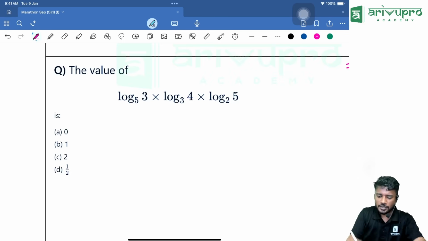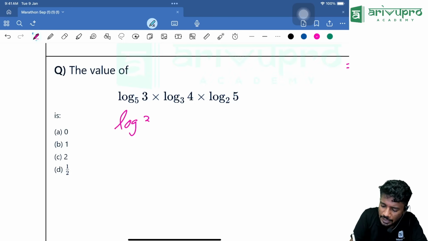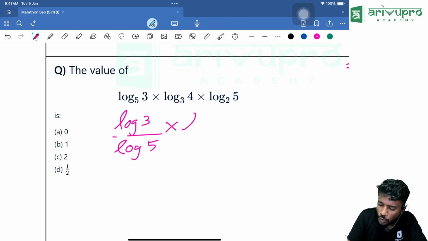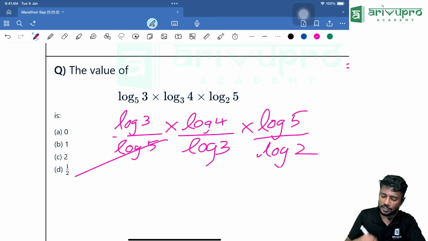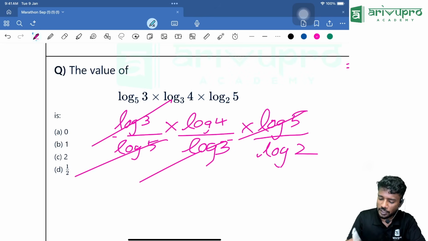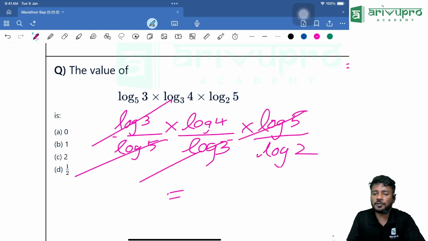Split the base. So, log 3 divided by log 5, into log 4 divided by log 3, into log 5 divided by log 2. What all things are cancelling off? Log 5, log 5. Log 3, log 3. Then what is remaining? Log 4 divided by log 2.